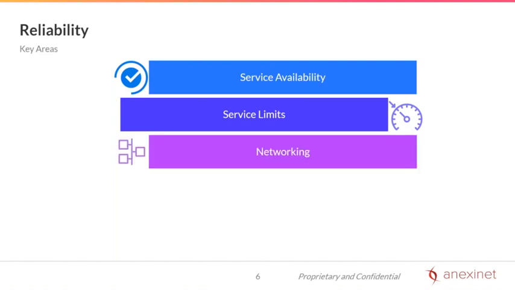There's also some unique things about networking when it comes to reliability. Part of that is just planning your networking strategy, not having overlapping IP addresses when you're developing your VPCs, making sure that you have enough available IP addresses for all the objects that are going to exist in that VPC.